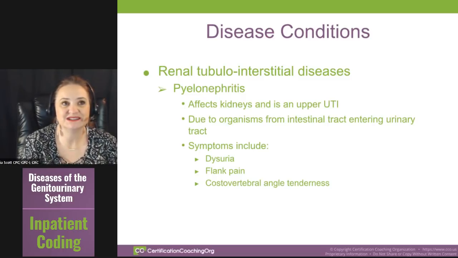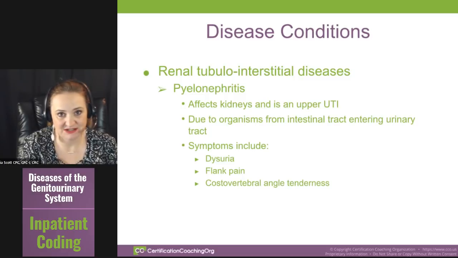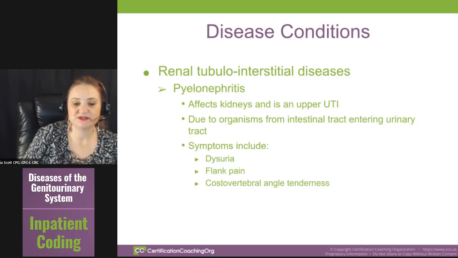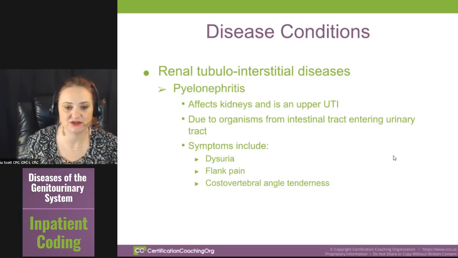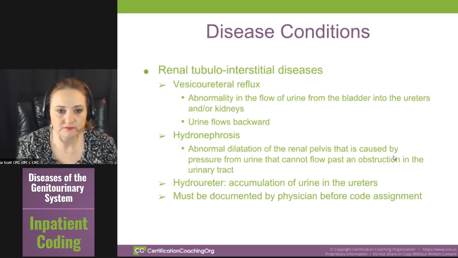But your kidneys are not really there. The reason boxers aren't allowed to do kidney punches is because there's nothing protecting the kidneys, technically. Okay, so down at the base of where the ribs are and where the spine is, costovertebral angle.